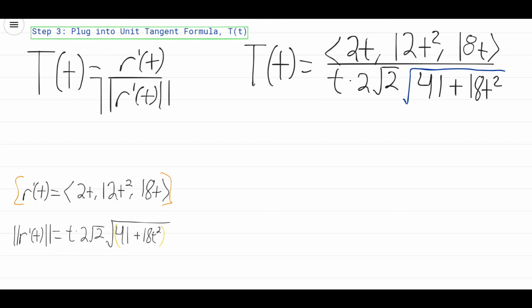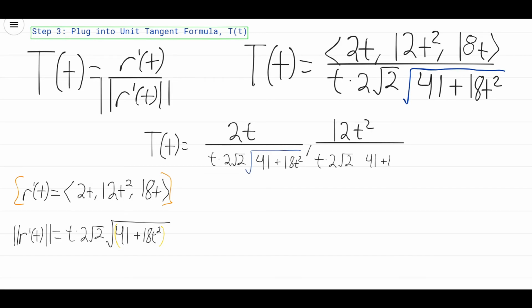Now we're going to distribute the denominator to each term. So 2t divided by 2t square root of 2 times 41 plus 18t squared, comma, 12t squared divided by the denominator, comma, 18t divided by the exact same denominator.